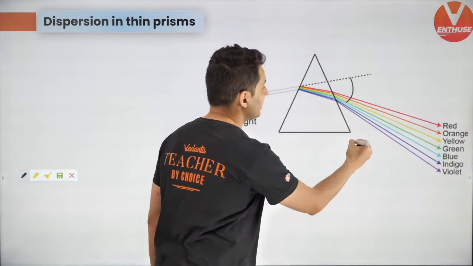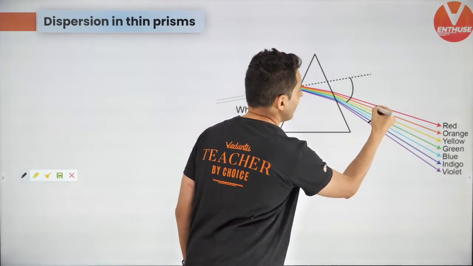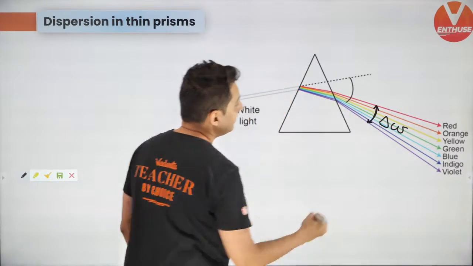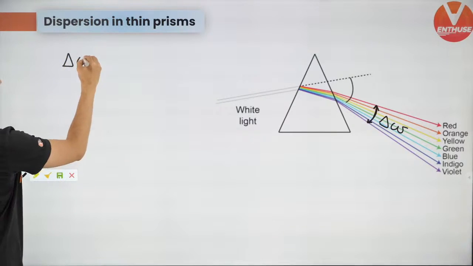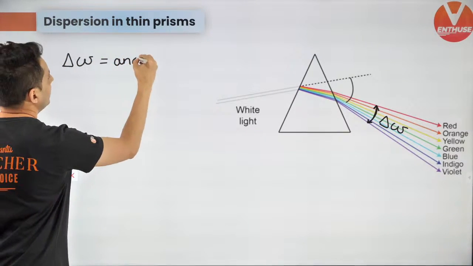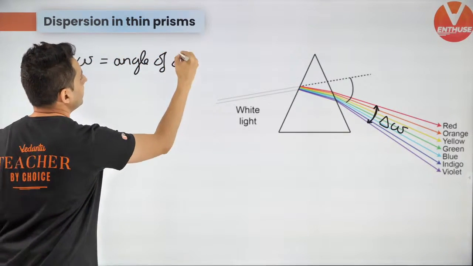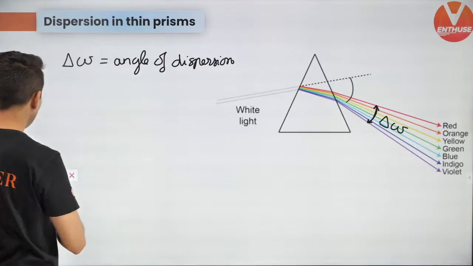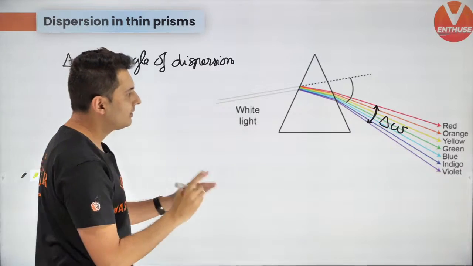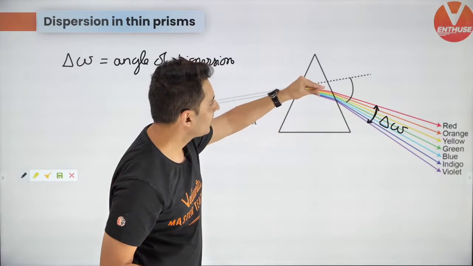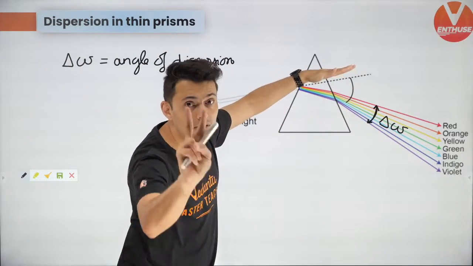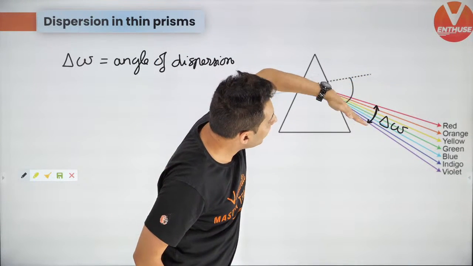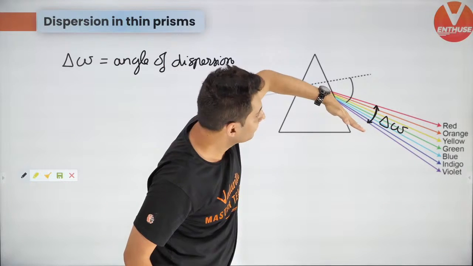The angle by which it spreads, this delta omega, is called the angle of dispersion. You can see that this angle is actually the difference of two angles. Number one, how much did the violet light deflect by?